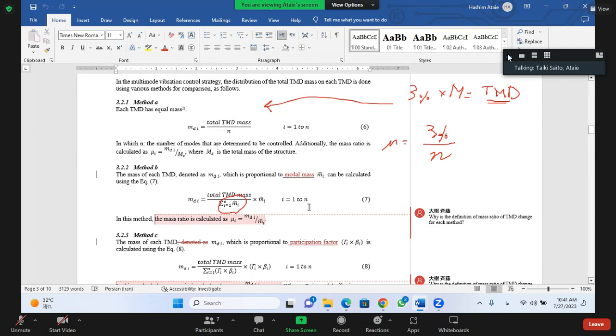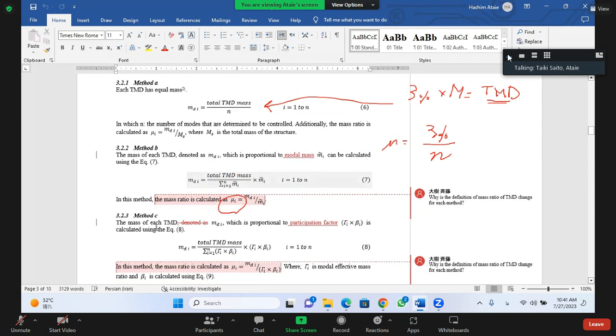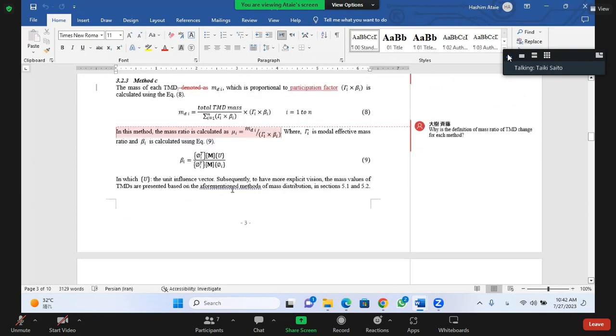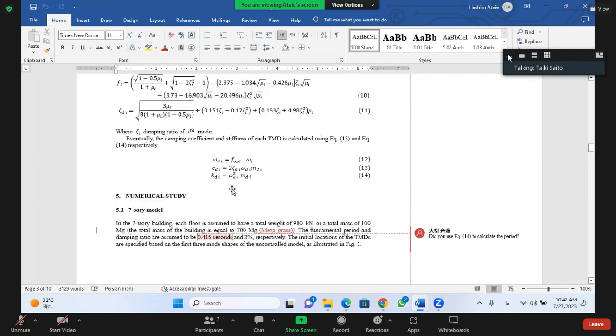Okay. Method C, we have two of them, participation factor and also effective mass ratio. So we have to calculate the mass ratio based on those two characteristics. Okay, I understand now.